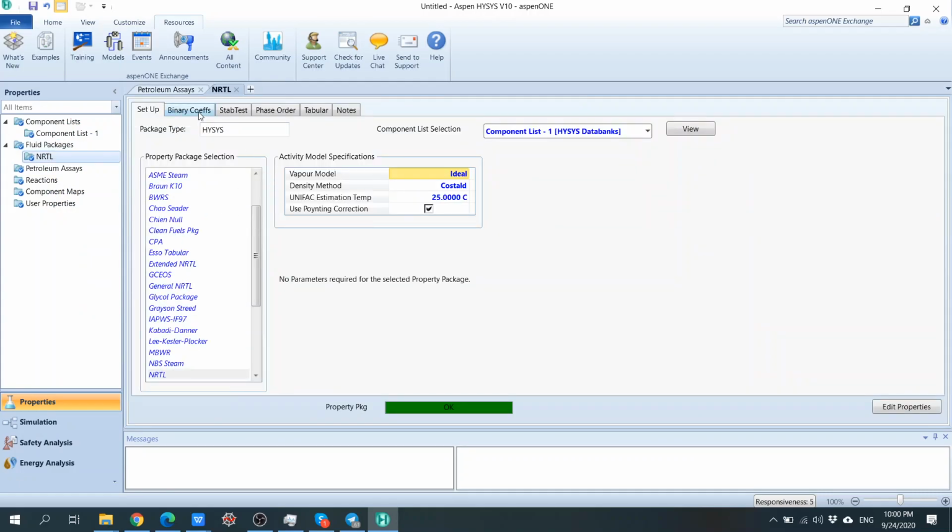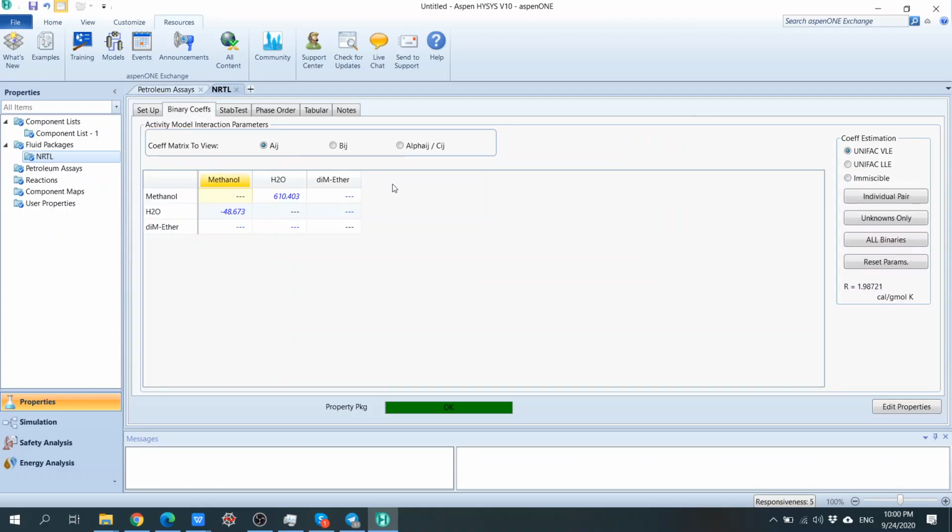If we go to the binary coefficients tab, because it's using NRTL, you can see the Aij interaction parameters. By default, it has interaction parameters between water and methanol, and methanol and water, and then the Bij, but there is nothing for the other components.